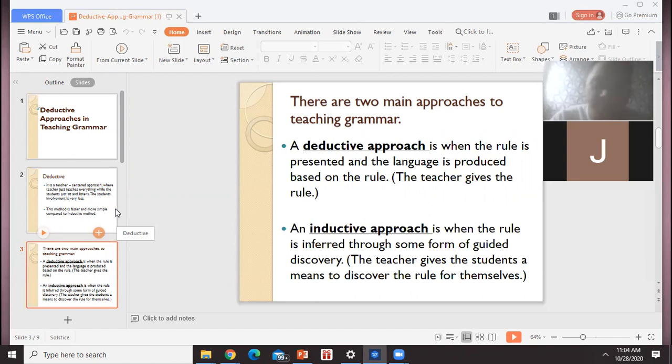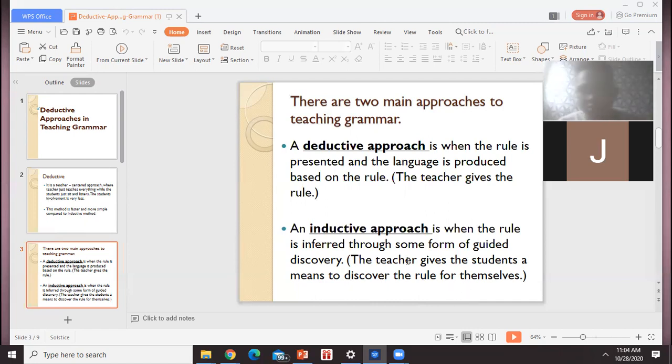A deductive approach is when the rule is presented and the language is produced based on the rule. The teacher gives the rule and the students follow what is in the rule. In inductive, the rule is inferred through some form of guided discovery. The teacher gives the students a means to discover the rule for themselves.